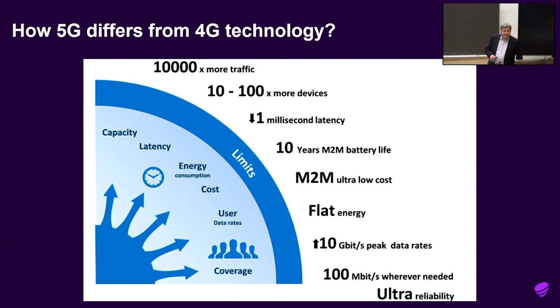Now, what is different between 4G and 5G? There are many improvement areas. As you can see in this graph, there are the main highlights. Of course, the capacity is important, and the speed for the users. But what I would say is even more important is the latency part, the low latency, because that enables automation, robotics, and these kinds of use cases that are extremely important for processes, production, and operations.